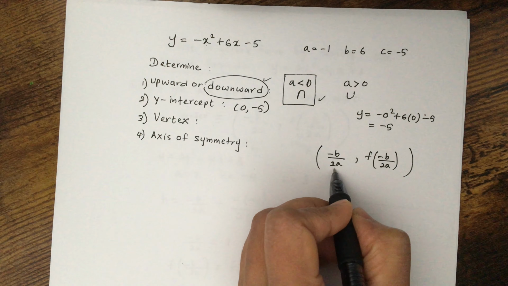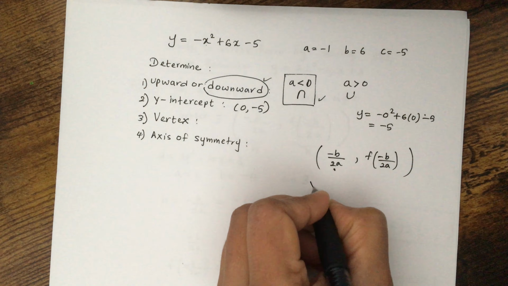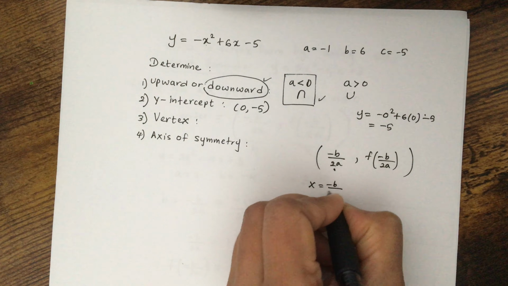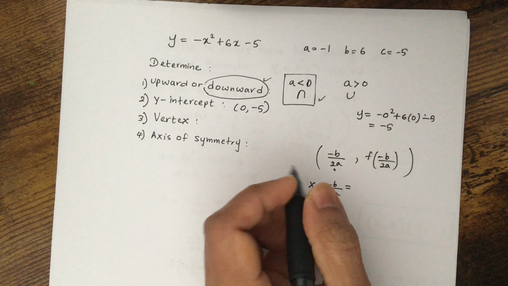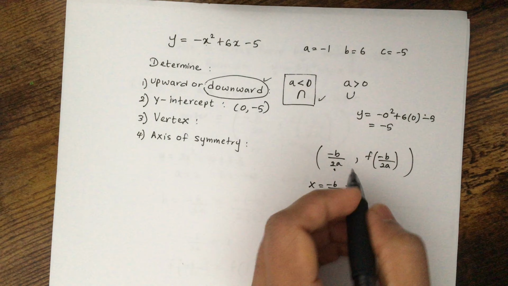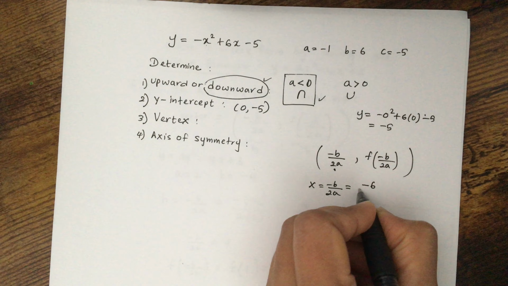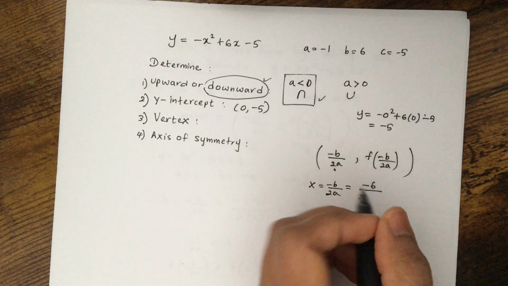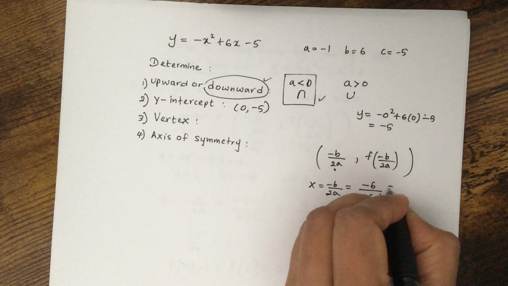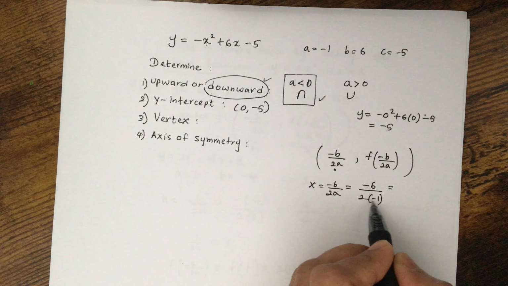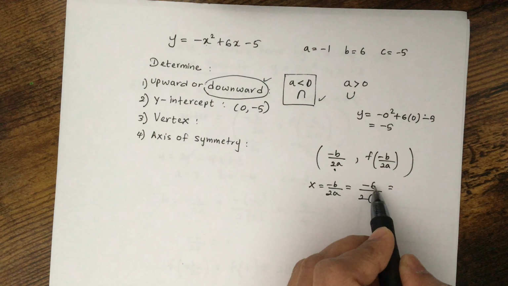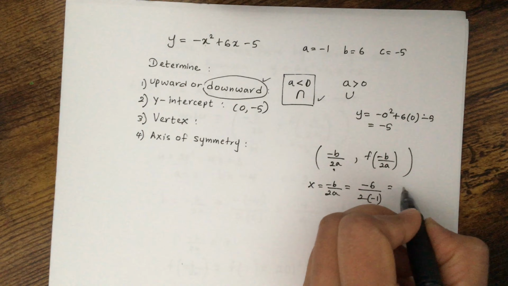To find the x coordinate, I have to use this. So the x coordinate of the vertex is -b/2a, where my b is 6. So I have -6 over 2 times my a, which is -1. So 2 times -1 is -2. So -6 divided by -2, right?